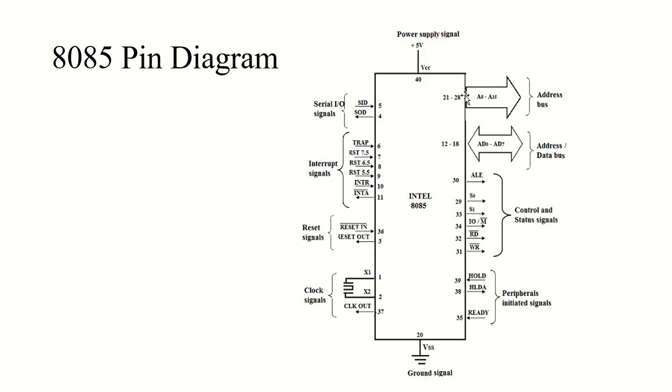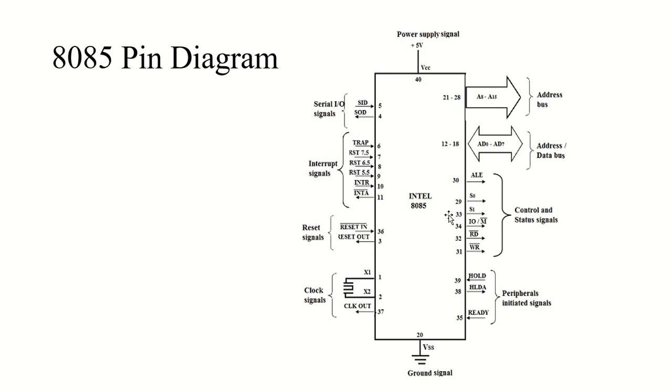At 29 we have the control and status signals starting, and they go till around 33. These include the read and write signals. All these control and status signals go from 29 to 33 or so.